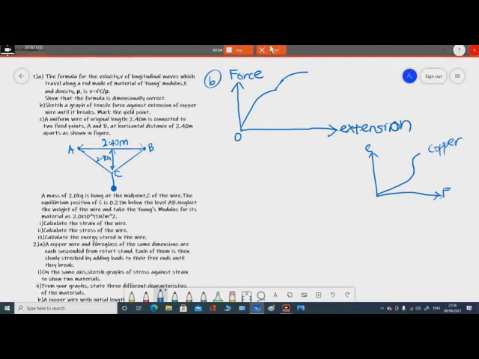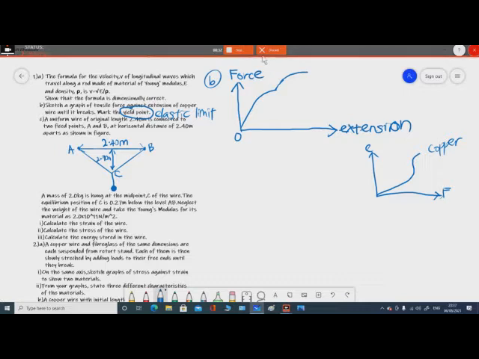So this is the proportional limit and this is the elastic limit until it breaks. The question asks us to mark the yield point. The yield point is the elastic limit, which is the maximum stress for the object to return to its original shape, as we discussed in the previous video.